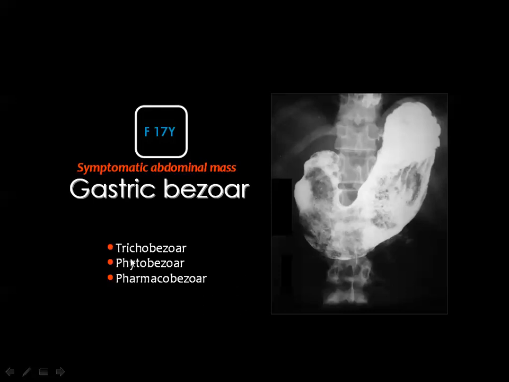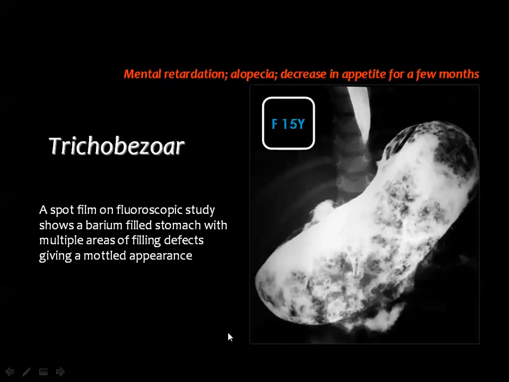The most common is the trichobezoar, which is seen in infants and young females who are mentally disturbed. They sometimes swallow part of their hair into the stomach, and you know that hair is undigestible. It will accumulate to form a big mass that will later on obstruct the gastric lumen.